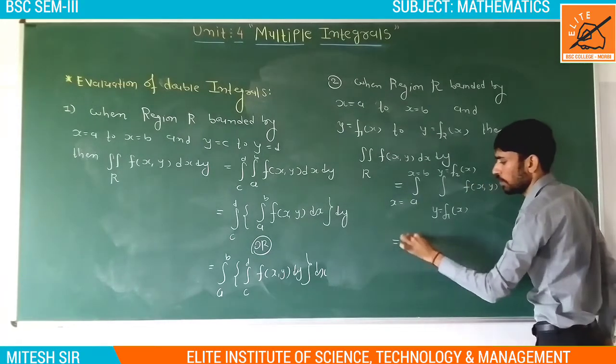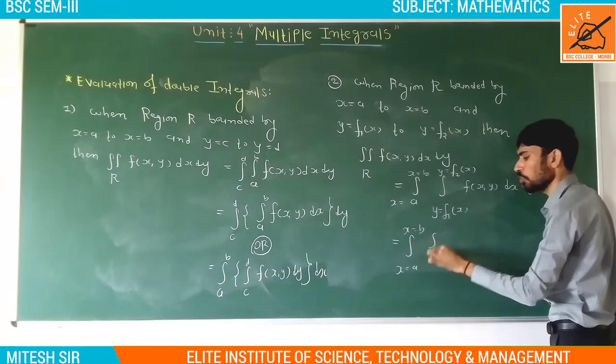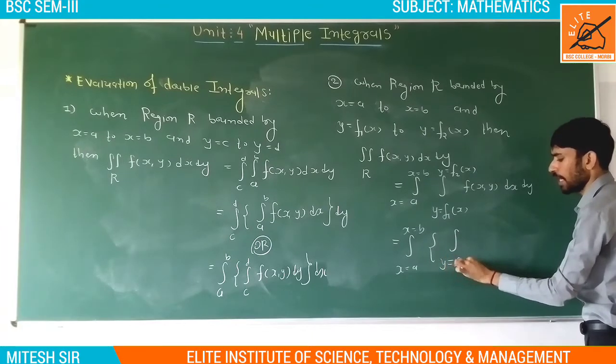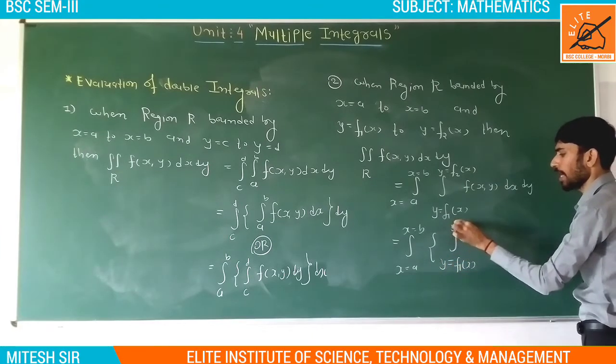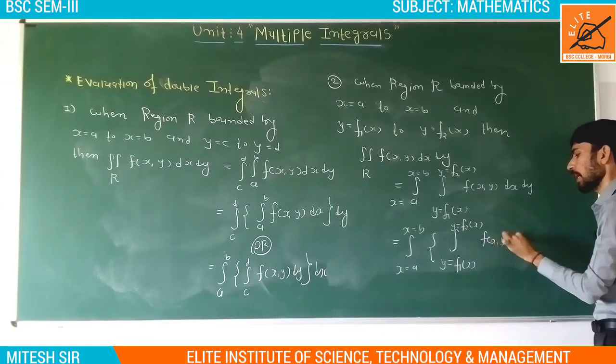Calculate first of all integration x is equal to a to x is equal to b. Write down the constant limit outside. In a bracket, write down the variable limit y is equal to f1(x) to y is equal to f2(x), function f of x y.